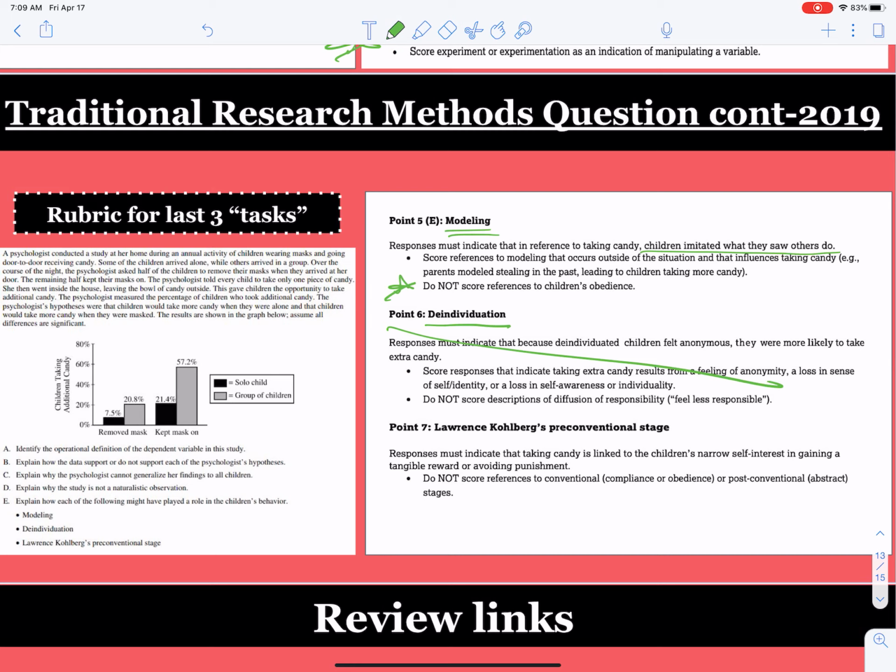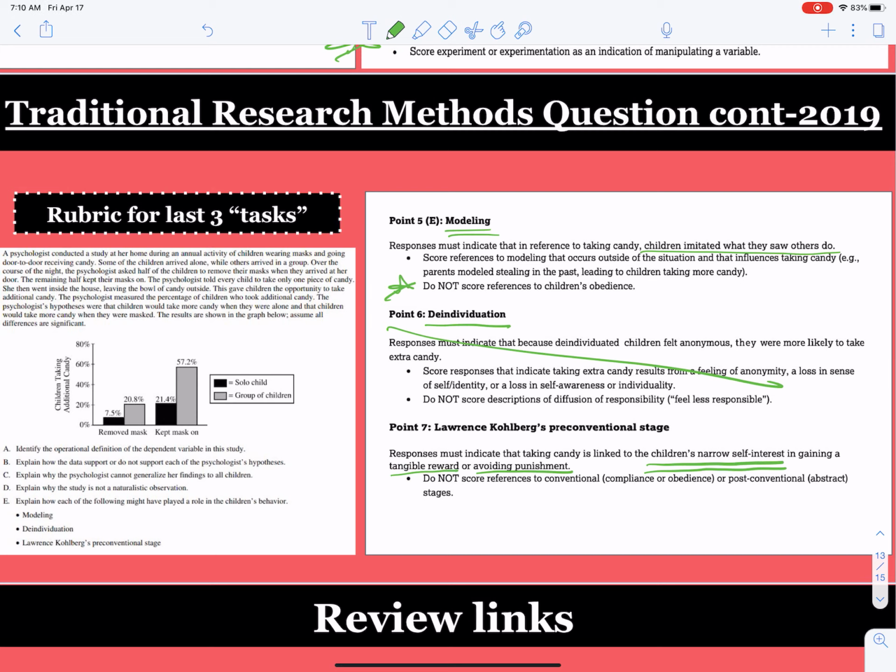Don't worry about that. Lawrence Kohlberg's pre-conventional stage, we're looking for you to say that it's linked to the children's narrow self-interest. Remember we talked about Kohlberg. Pre-conventional is when the child is really just doing behaviors to achieve a reward or avoid a punishment.